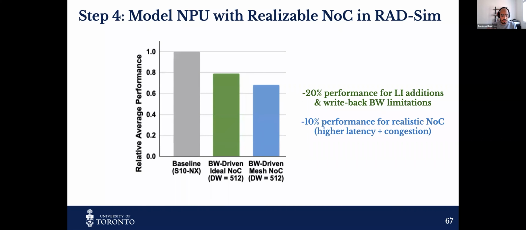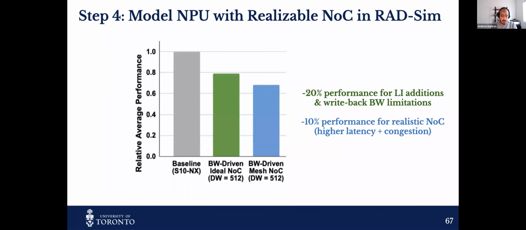But once we introduce the mesh realistic NoC, we lose another 10% of performance. And this is an artifact of the higher latency of going through the actual mesh NoC instead of peer-to-peer connections, and also the effect of different communication patterns going through the NoC, which can cause some congestion at specific routers and induce more delay.